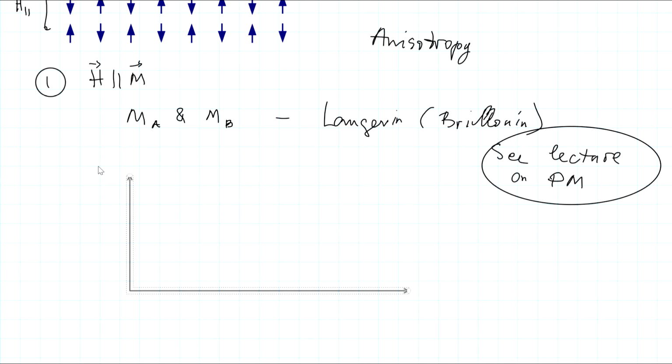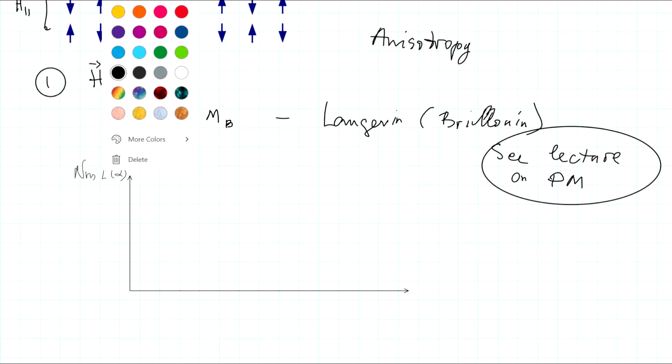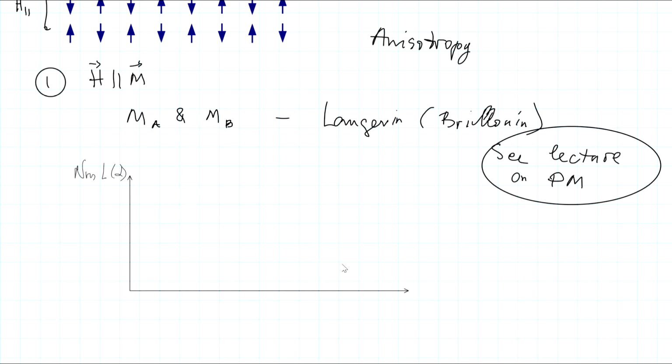If you plot M as a function of alpha, I would refer to the lecture on paramagnetism on Langevin's theory of that. There would be a Langevin function that would go like this.